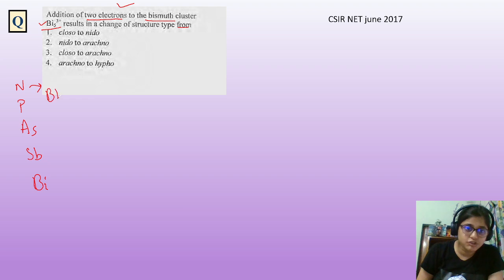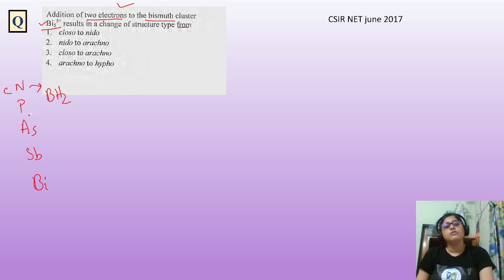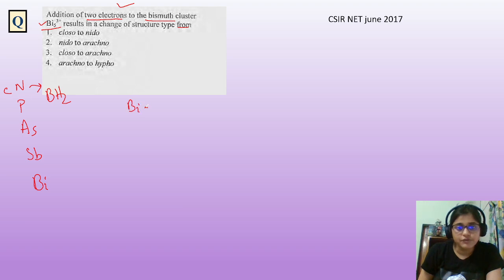This will be BH2. After carbon, nitrogen is there, right? So it will be BH2, obviously. Yes, BH2. So we can replace Bi with BH2. This is 3 plus. So BH2 whole 5, 3 plus. Fine. This will be what?